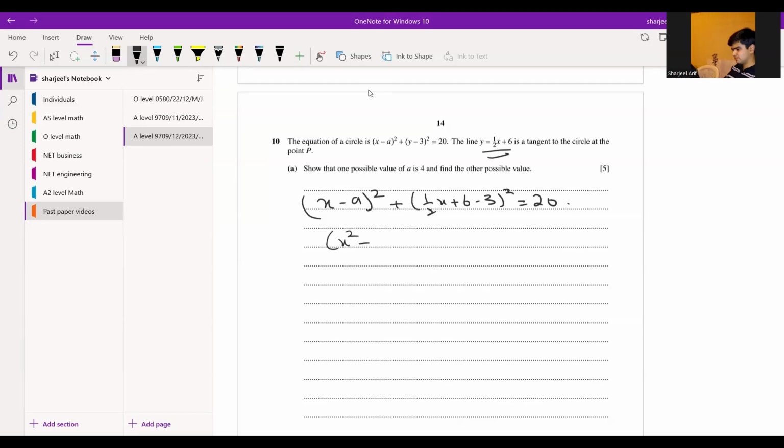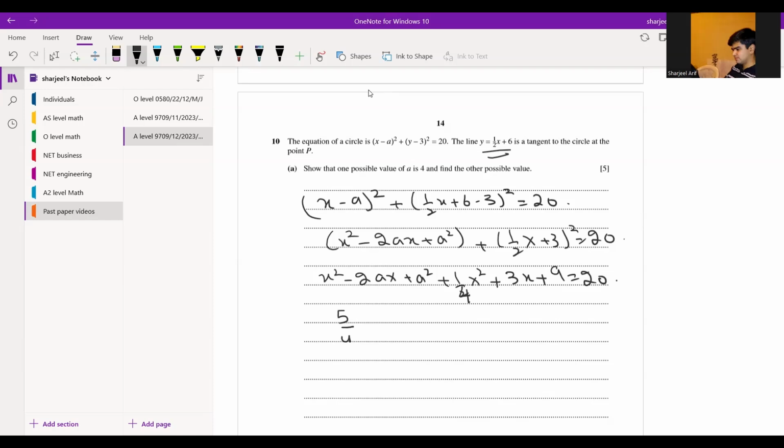We will expand the equation. This will become x squared minus 2ax, this is 1/4, 20.